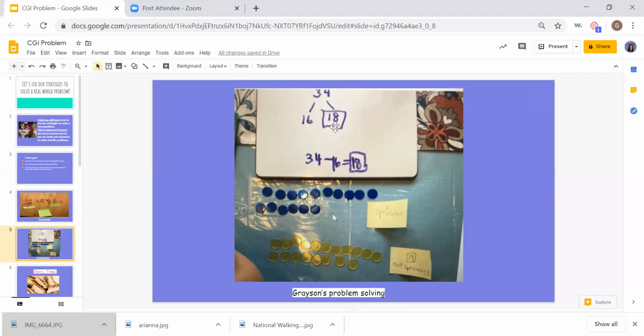He put 18 and 16 as the two partners that make 34. He also made an equation. So as you're working today, I want you to make sure you're organizing your objects that you're using, or if you're doing a circle drawing, also organizing that way, and we're also labeling. So we're going to make sure that we are labeling our work today.